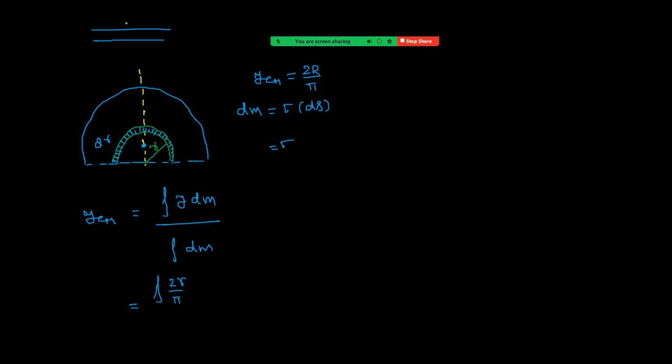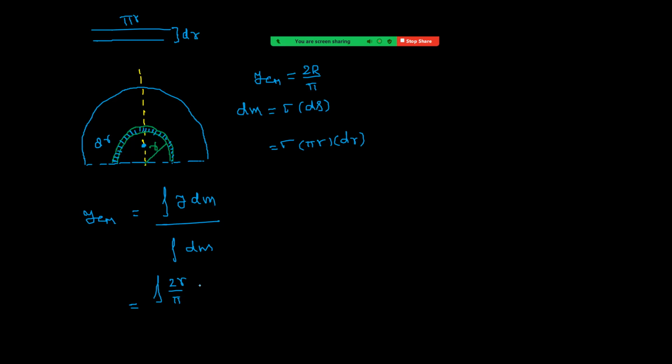A rectangle of length how much? Length equal to pi r. Breadth how much? It is dr. So area equal to how much? Pi r into dr. Okay, that is now dm. I hope you got clarity on how we are finding the mass of this part of the wire.